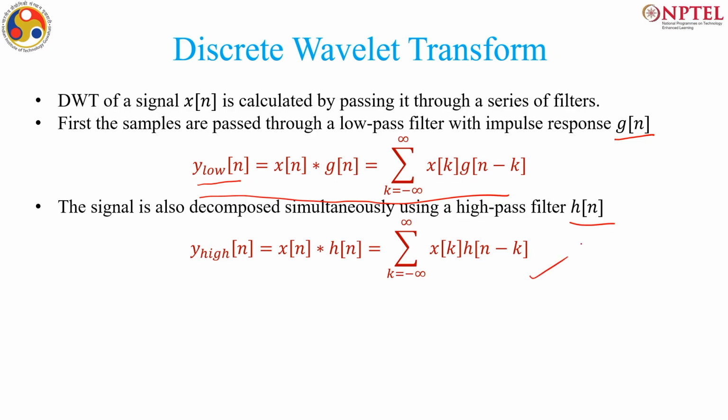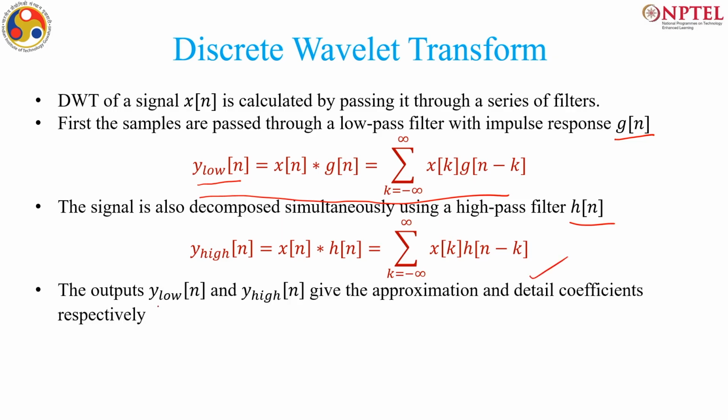So here consider that this filter bank consists of two filters, one is a high pass filter and one is a low pass filter, and we are filtering the signal simultaneously like this. So now the low frequency output is kind of telling you how the signal behaves approximately, whereas the high frequency content is giving you the finer change in the signal.